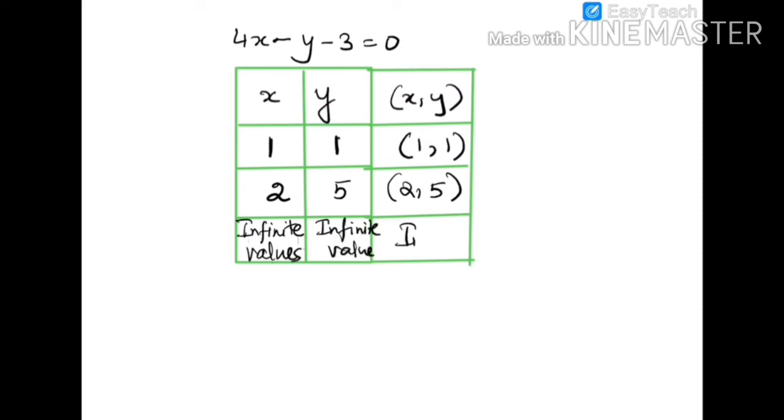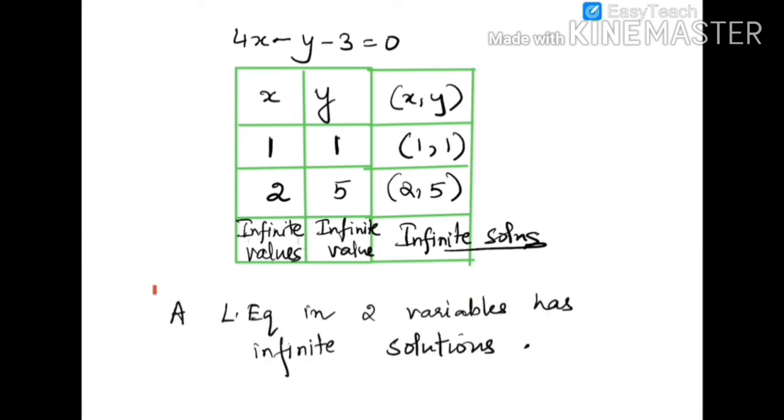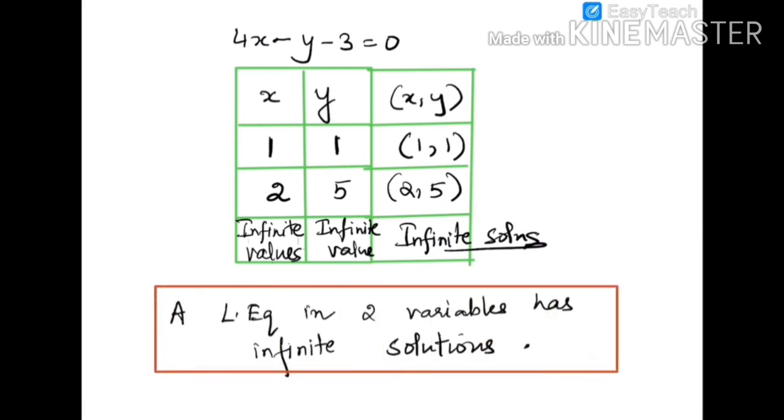This means that there are going to be infinite solutions of this equation, because for each value of x you can find a corresponding value of y. Therefore, the number of ordered pairs that will satisfy this equation will be infinite. So a linear equation in two variables will have infinite solutions.